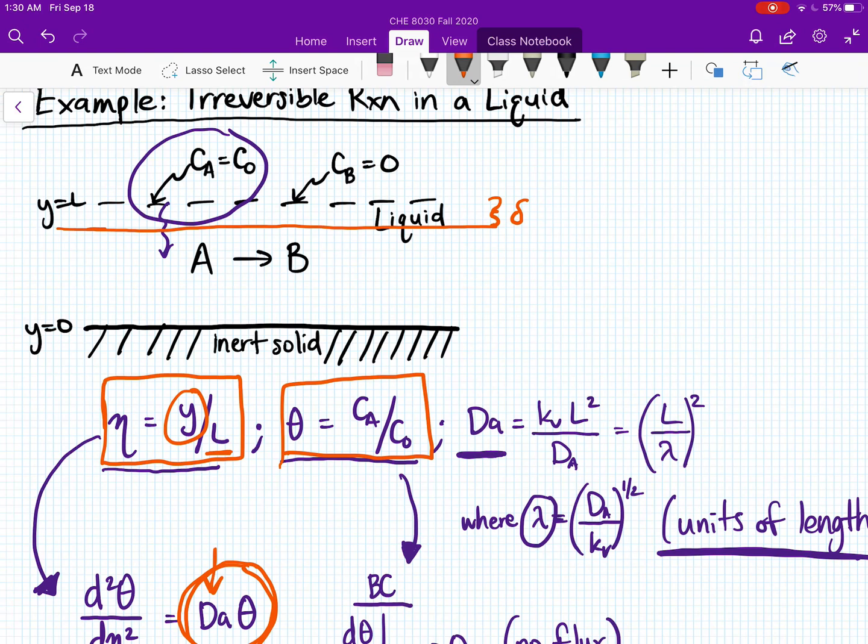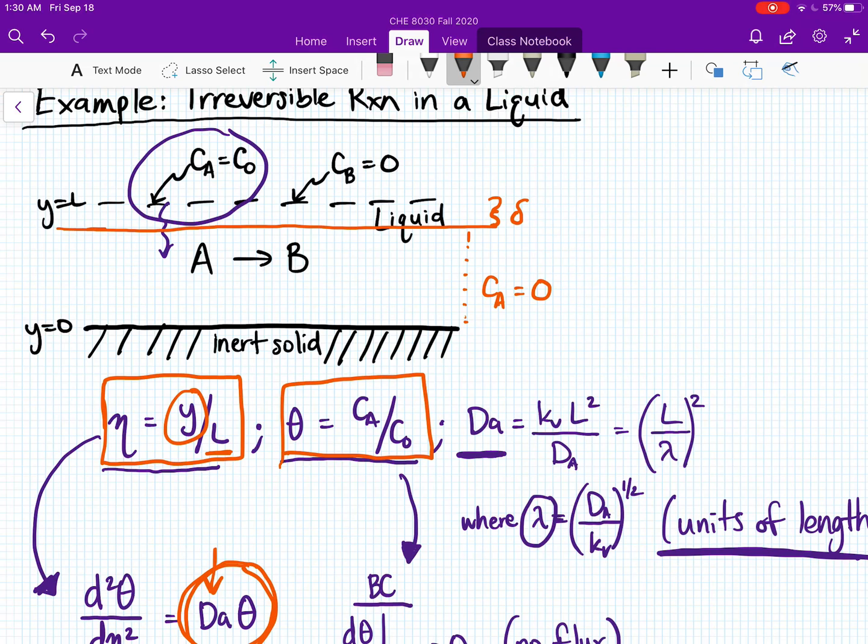There is a depth, delta, into the film, after which all of your reactant A has been consumed and has been turned into product B. Therefore, after delta, any point after delta, the concentration of A is 0.